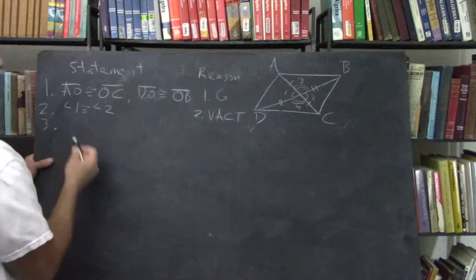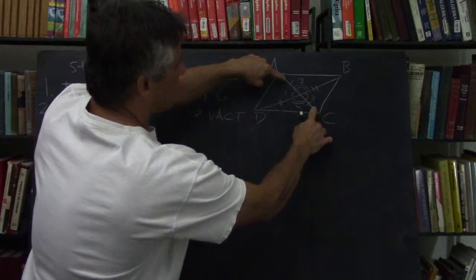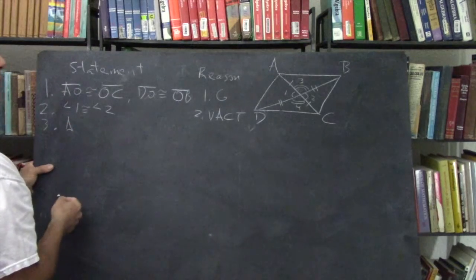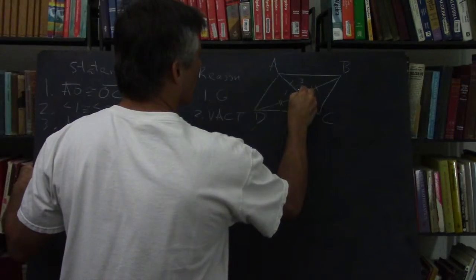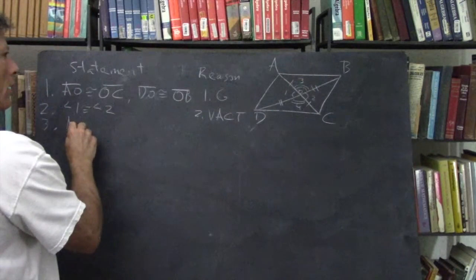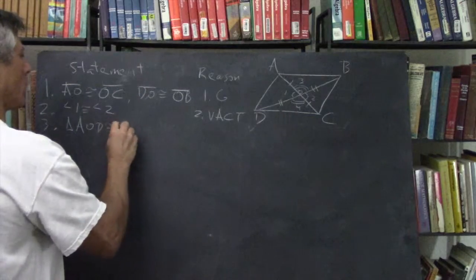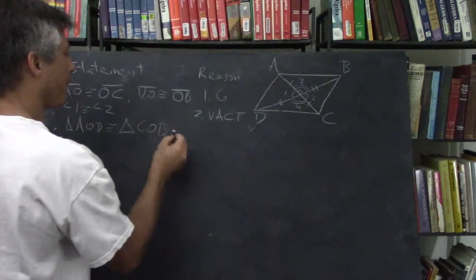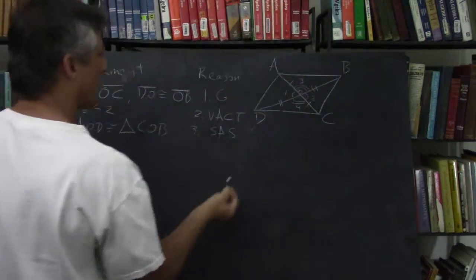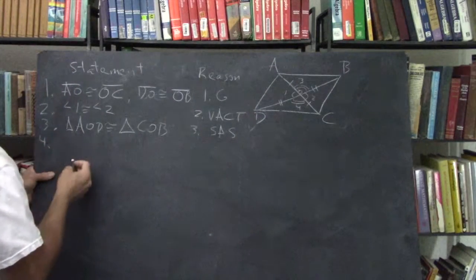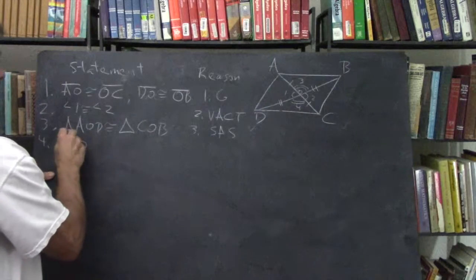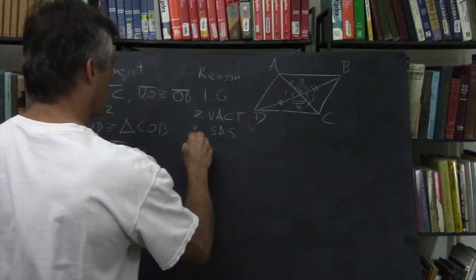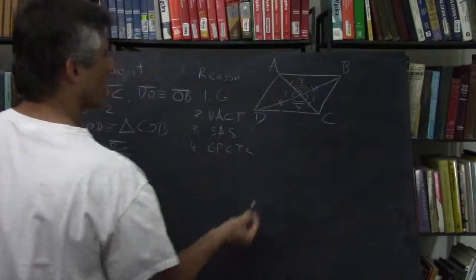So therefore, by side, angle, side, we know triangle AOD is congruent to triangle COD by the side angle side theorem, and therefore AD is congruent to BC by CPCTC.